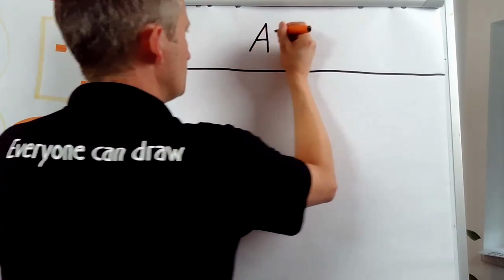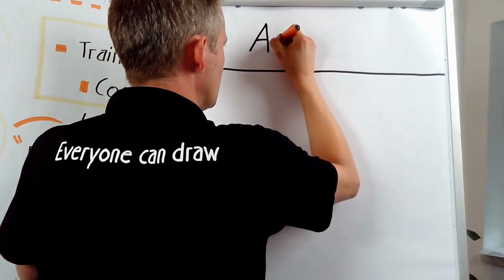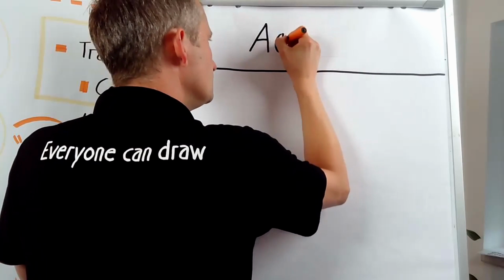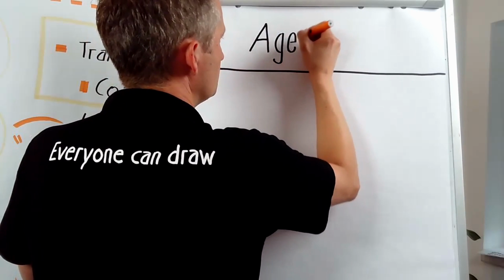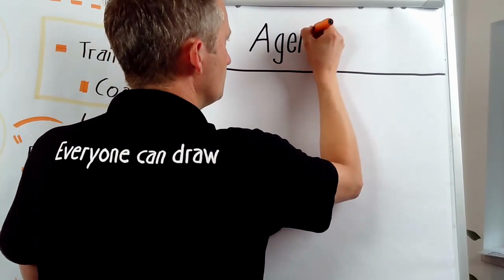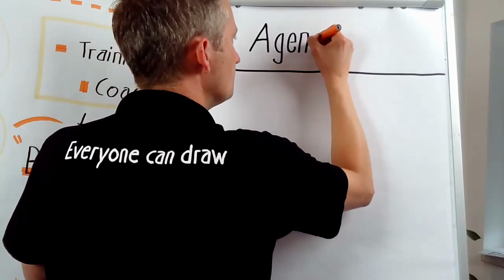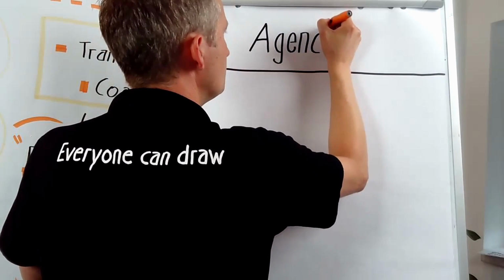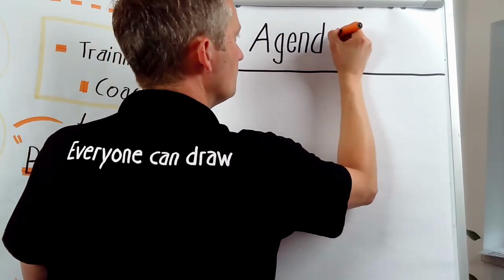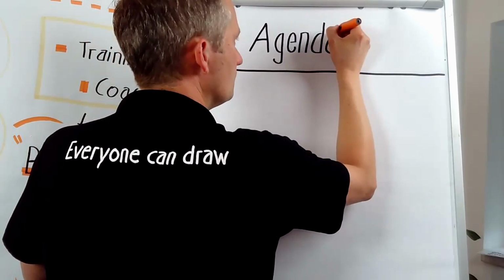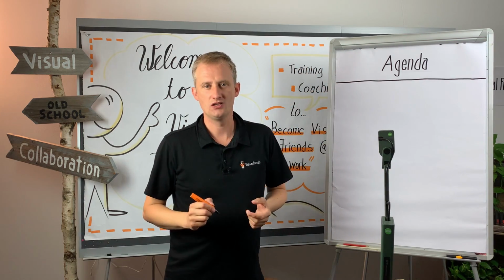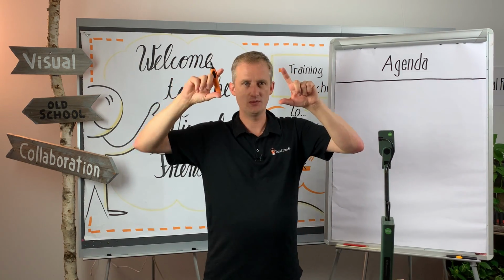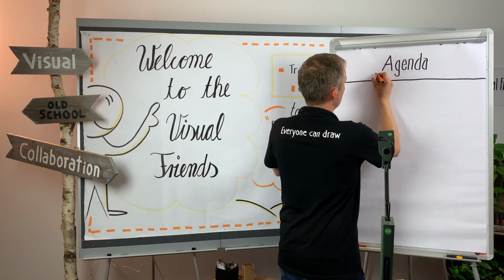As you remember, press hard, you get a bold line and have more control. Agenda. Well, and then you remember from day 2, we put dots around to get the white space right.